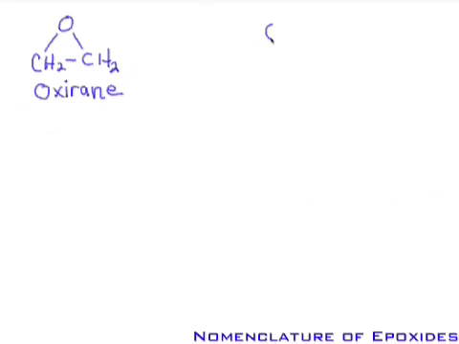When you have substituents off the ring, a unique difference about oxiranes is the numbering involved. For example, suppose I have a methyl and I have off the other side an ethyl. Now, in terms of nomenclature priority, methyl and ethyl have the same priority. And you might think you just number the carbons, but in actual fact, whenever you use the word oxirane, you must number the oxygen.